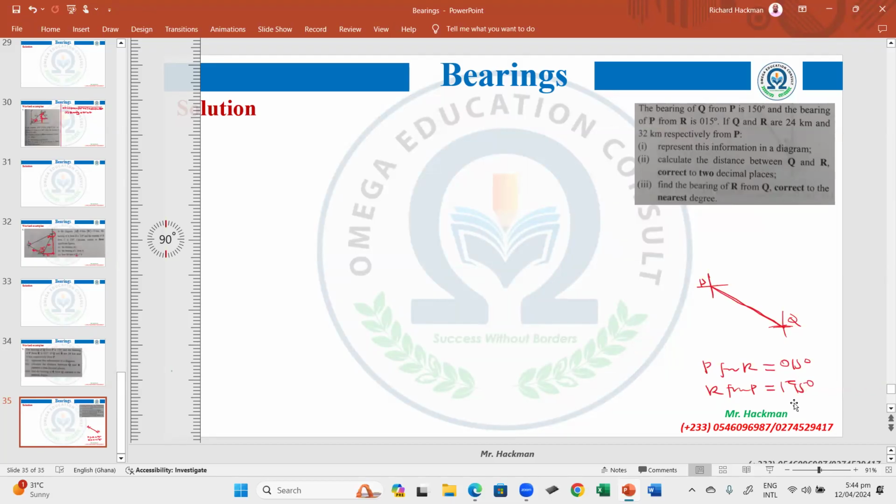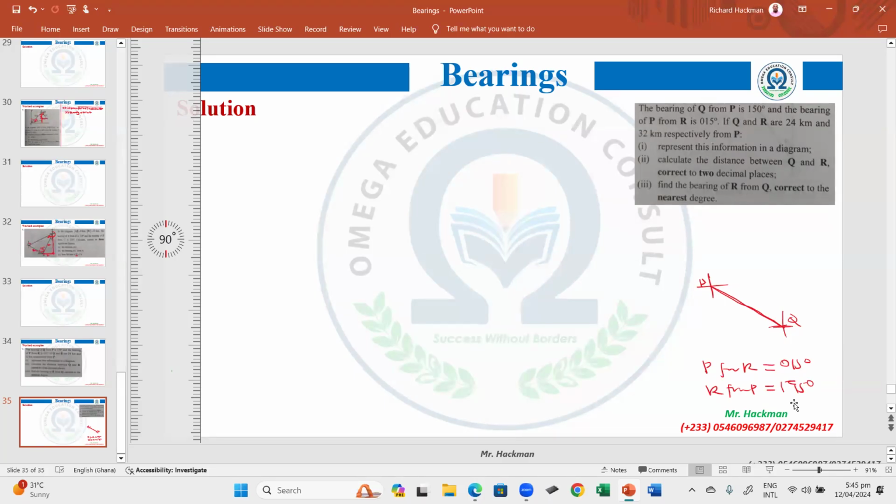Okay, so at that point, Mr. Hackman, yes, please. Couldn't you have used the P from R like that? Couldn't you have used the front bearing? So from R, how are you going to get it? You draw the R. How will you draw the R?